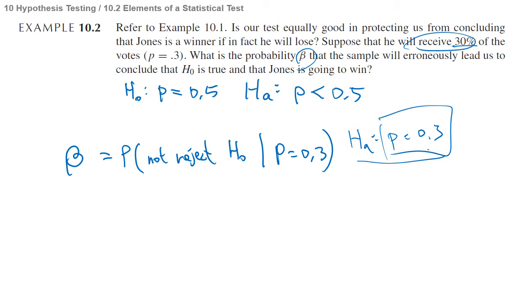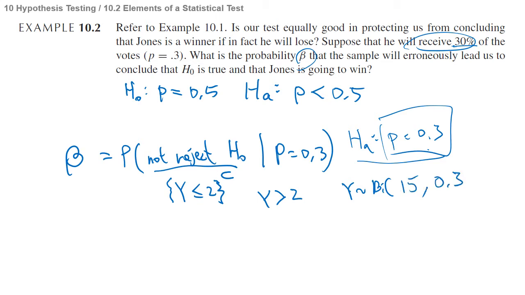And again, we will use the same rejection region. So not rejecting H0 is the complement of y less than or equal to 2, so this is y greater than 2. Here y follows a binomial distribution with n equals 15 and p equals, this time, 0.3, and we want to calculate the probability of y greater than or equal to 3.